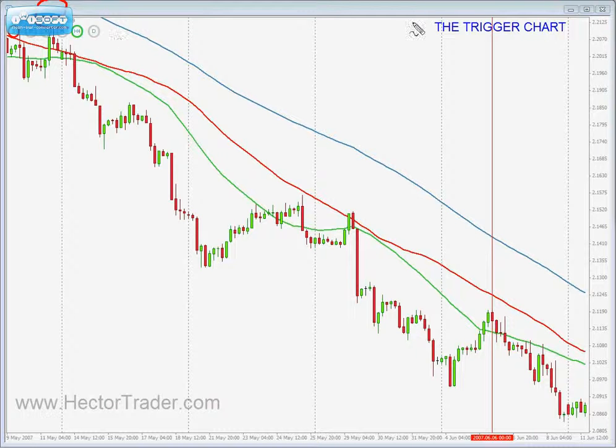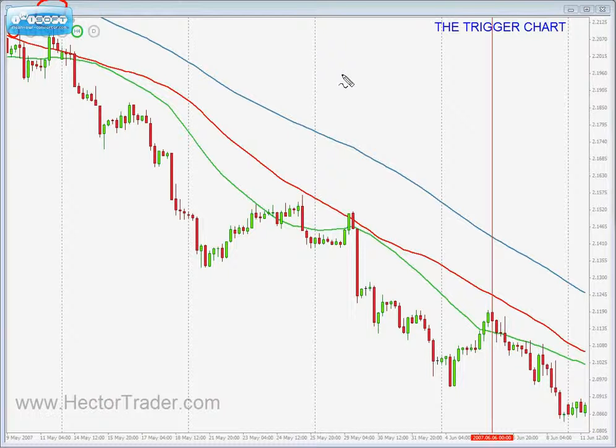Anyway, if the 4 hours time frame is my setup chart, then I would zoom 4 times to a shorter time frame in order to establish my trigger chart. In this case, it would be the 1 hour time frame. That's rather obvious. If the 4 hours time frame is my setup chart, then I'm zooming into the 1 hour time frame for my trigger chart.